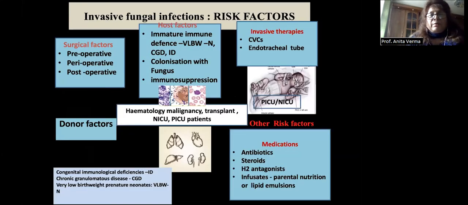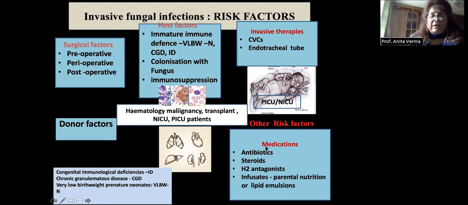It is very important to know the risk factors for the various patient populations who are going to develop the infection. For patients in PICU and NICU, invasive devices, long-term invasive therapies, and some medications are high risk factors.